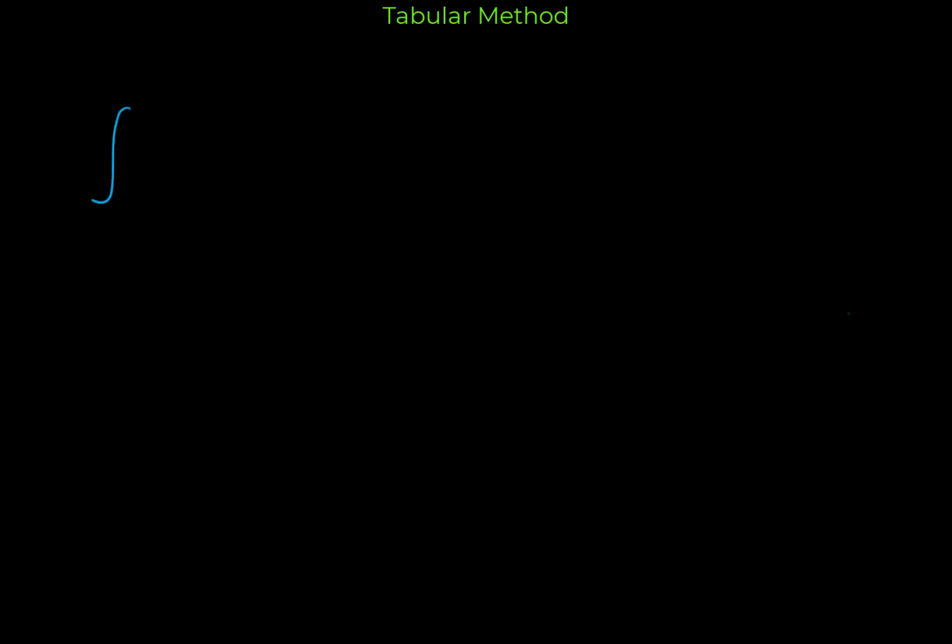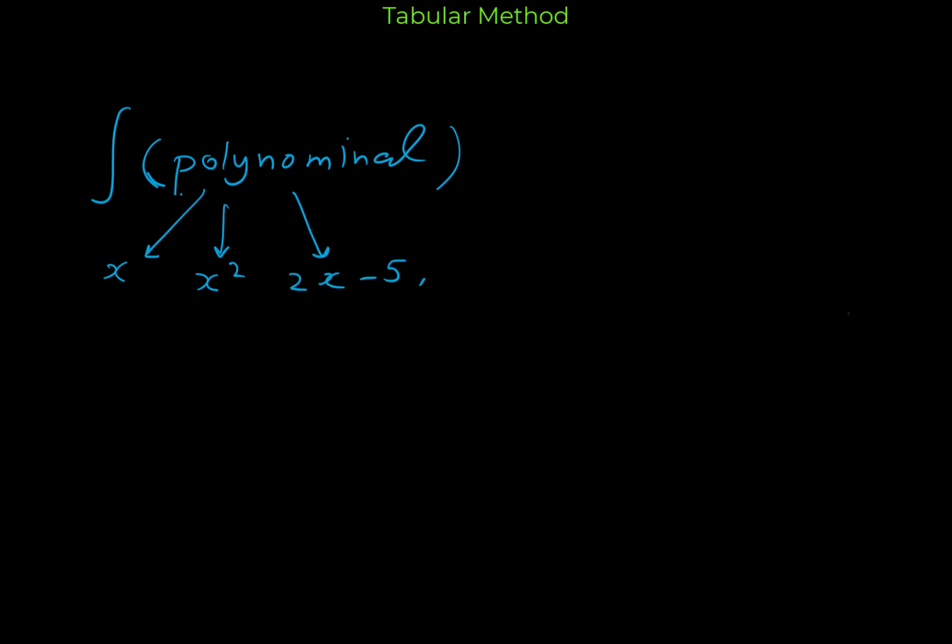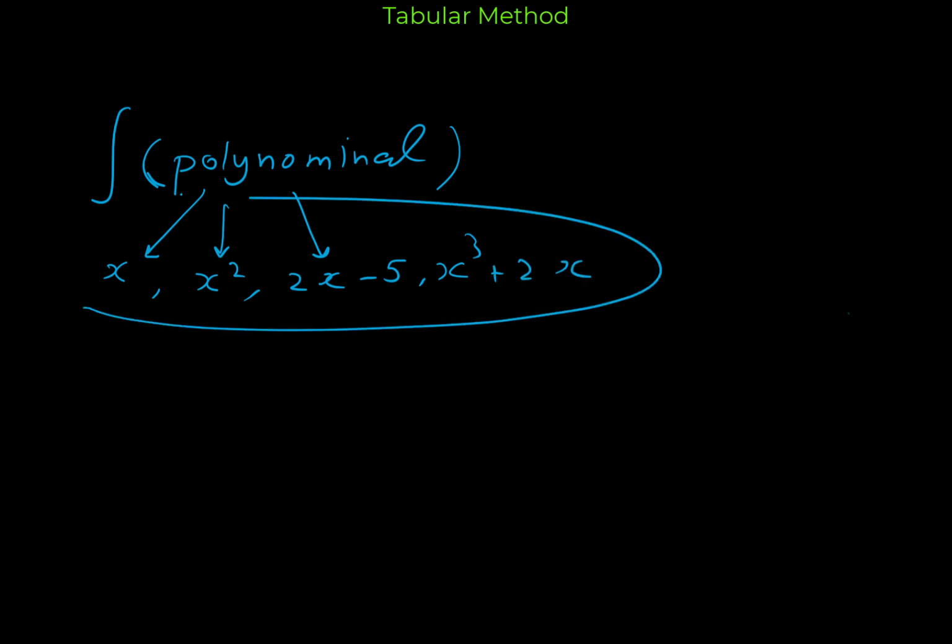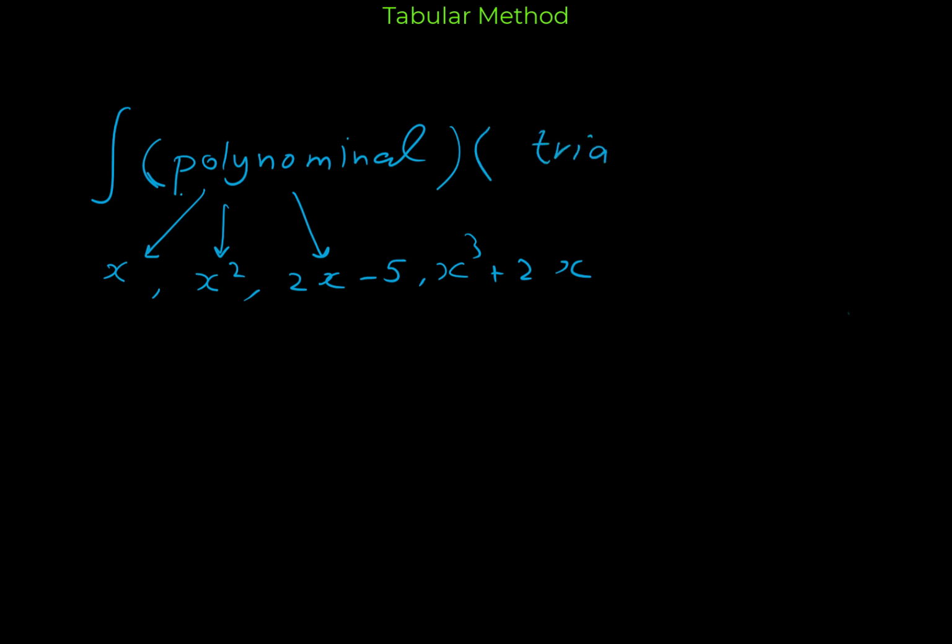One case that the tabular method works very well is when we have integrals in this form: a polynomial, by polynomial I mean things like x to the 2, 2x minus 5, x to the 3 plus 2x, and so on, times trig functions or exponential functions, times dx.